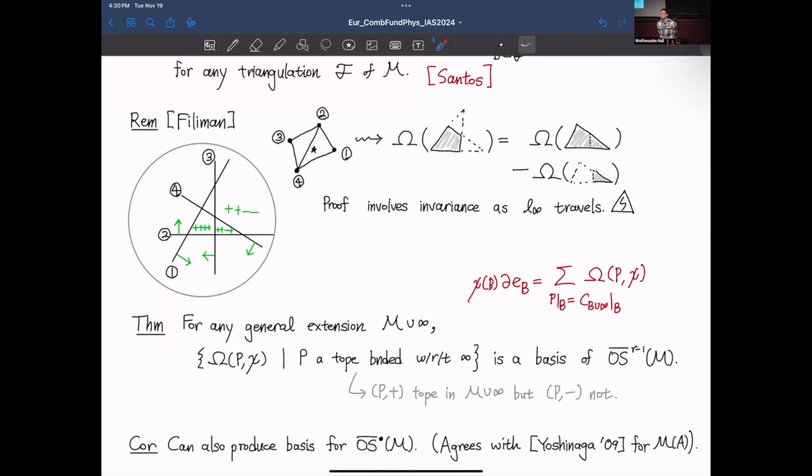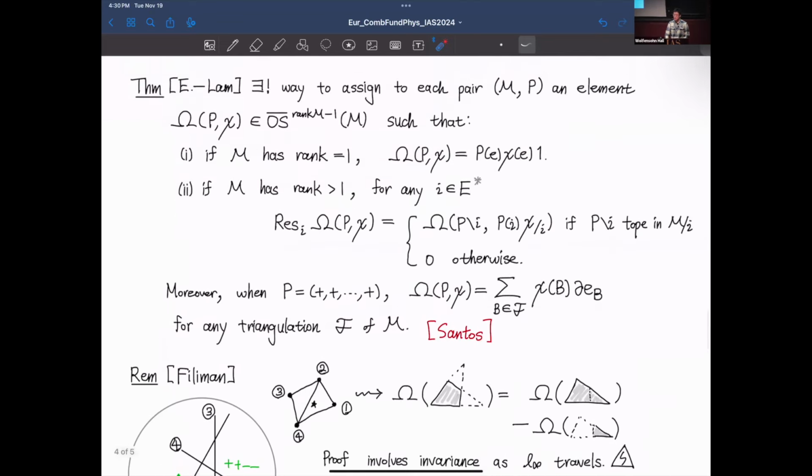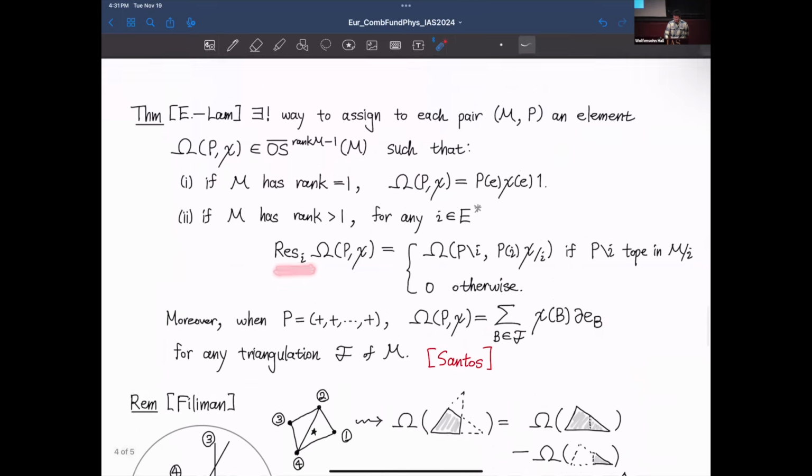Is the residue special on these topes? Does it have a traditional interpretation? You introduced this notion of residue. Is it also like a differential? On this part, it's literally just taking, for instance, one wedge two, and it will just go to this.